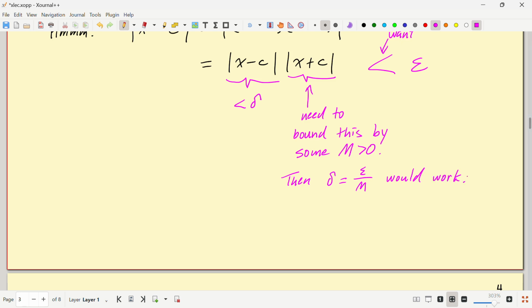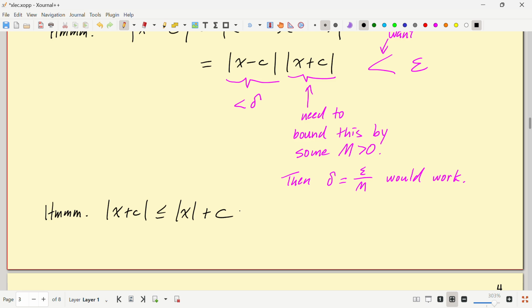Okay, and so let's think. I want to bound x plus c. That would be less than or equal to x plus my positive c. And so it'd be stupid to take a gigantic delta, because then x might get big, and I couldn't bound that thing.